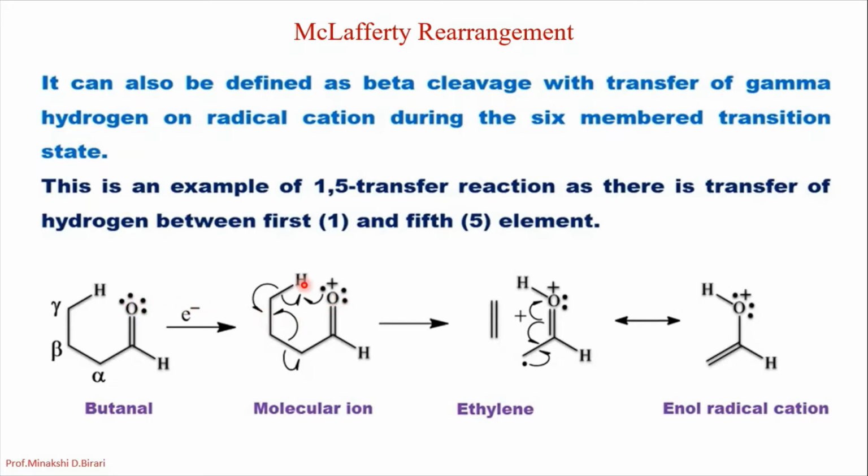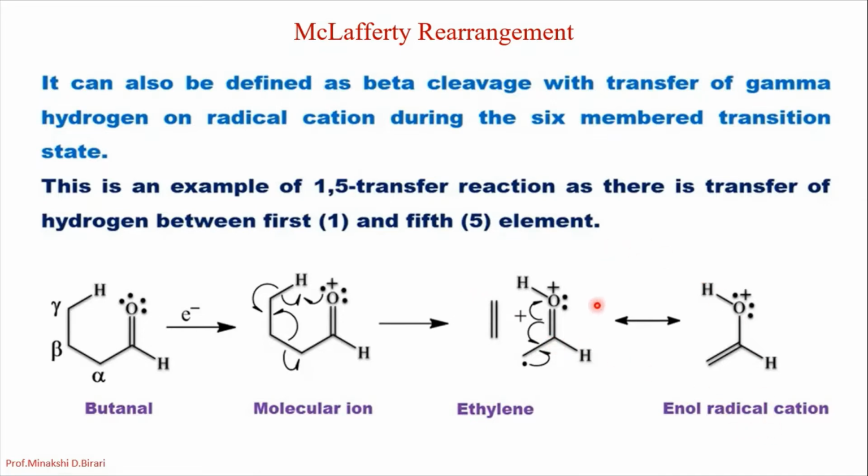And there is a formation of a six-membered transition state due to the transfer of a gamma hydrogen on the radical cation. So there is a formation of a radical cation or molecular ion, and then transfer of this gamma hydrogen to the radical cation to form the alkene, and one of the fragments that is called enol radical cation.